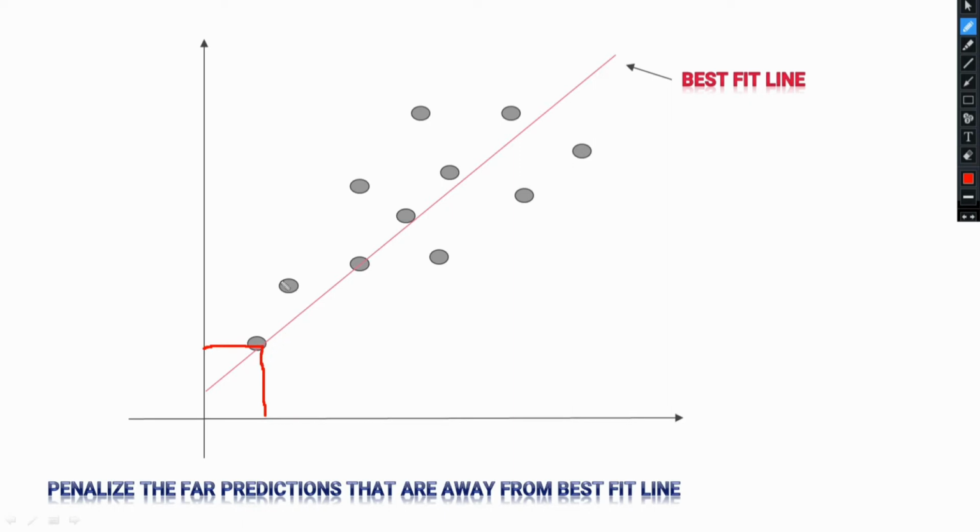But this value lies at this x and y axis, and our model predicted this value at this point. For that the x-axis is this and the y-axis is this.